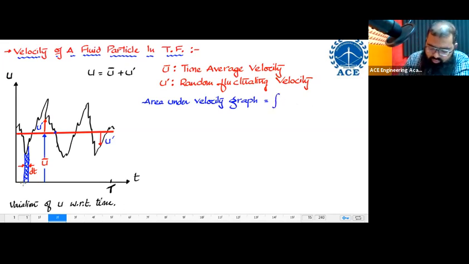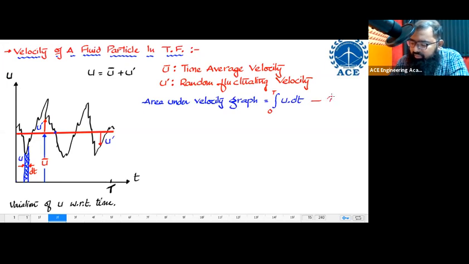What is the small area over here? Let us say this velocity is equal to u and thickness is equal to dt. So it is equal to u times dt. And it is ranging from where to where? Time t is ranging from 0 till capital T. So the range over here is from 0 to capital T.